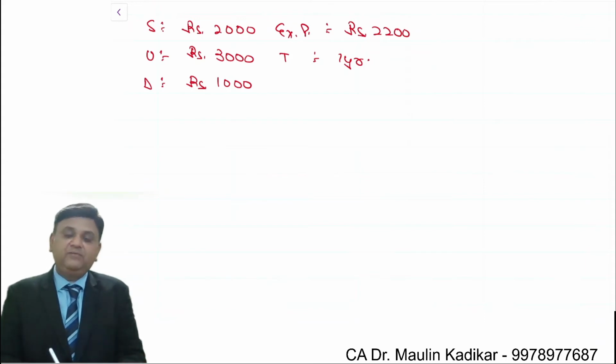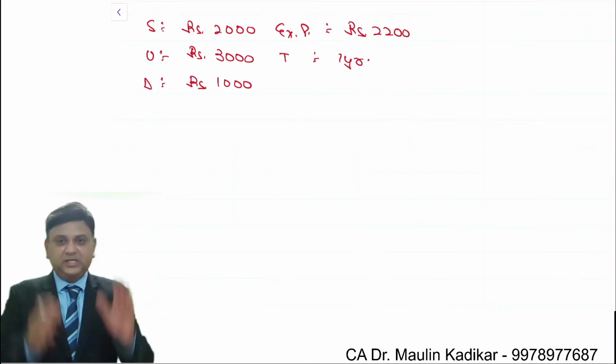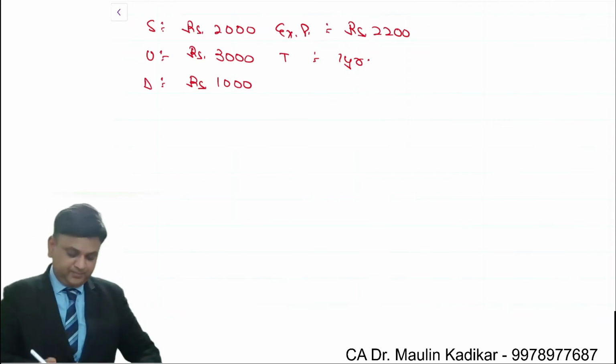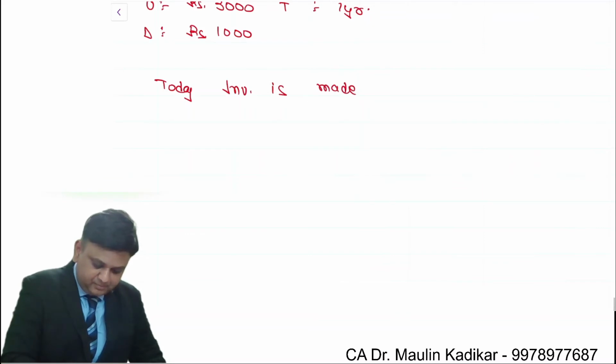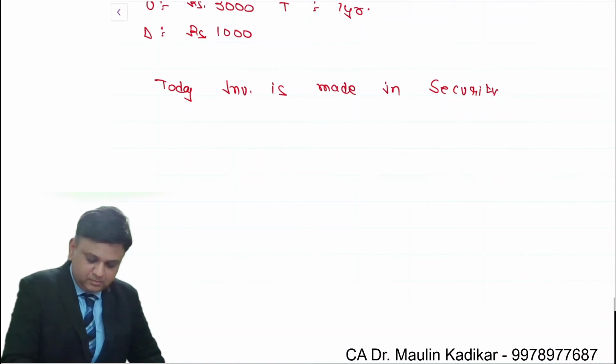So today I will make an investment in the security. That is what we have understood as our logic. Now, today an investment is made in the security equal to Z.